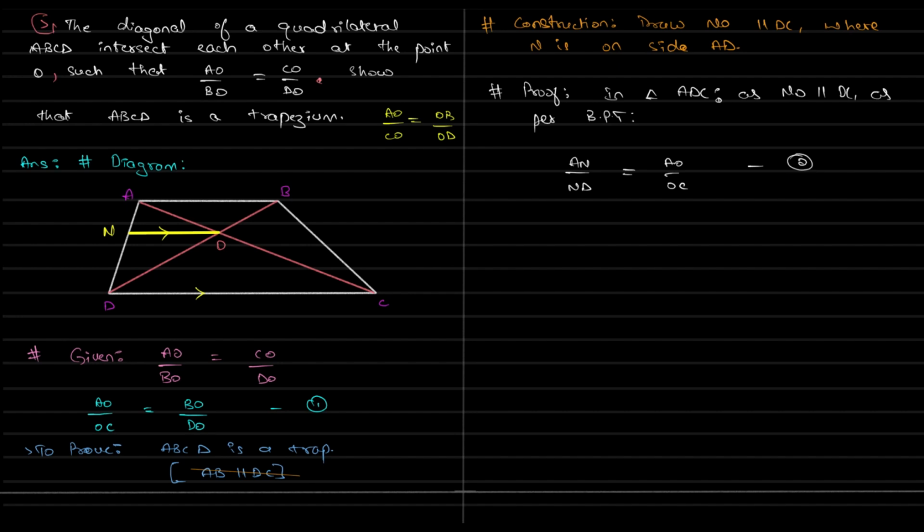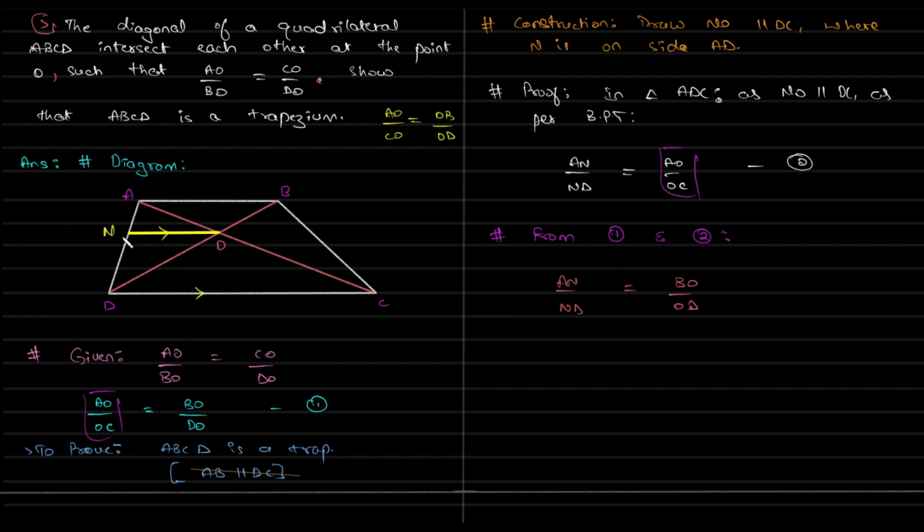Now, look at equations 1 and 2. If you look at equations 1 and 2, what can we see? We can see that AO by OC is the same in both. And so we can conclude AN by ND is equal to BO by OD. Now let's go back to the diagram.